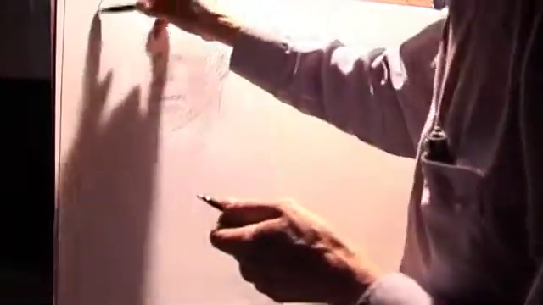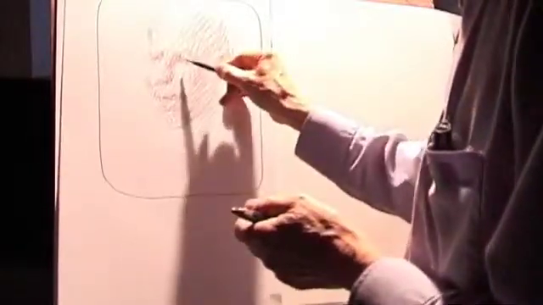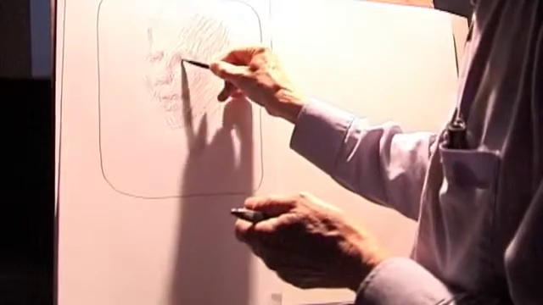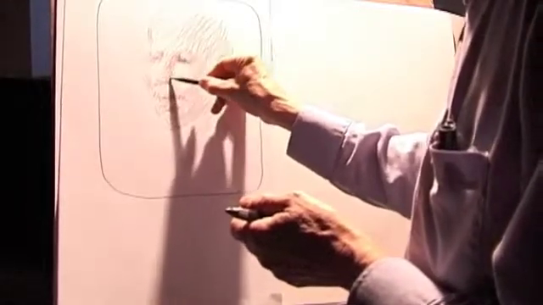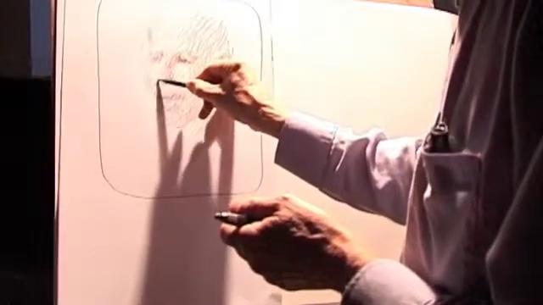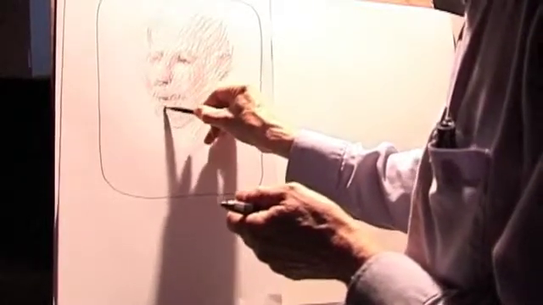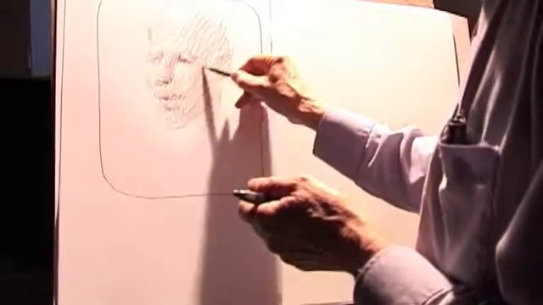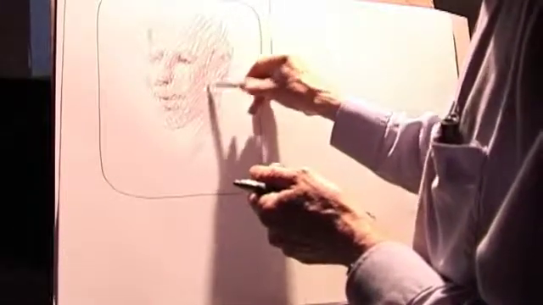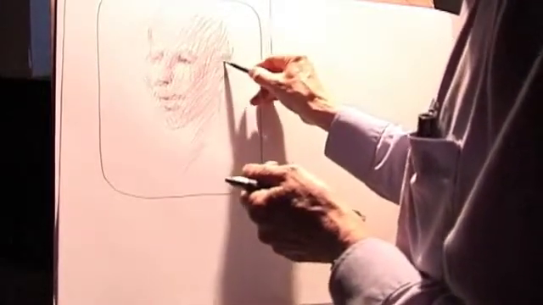And I can get tighter and tighter and more accurate if I wish to, hopefully convincing you more and more that I've had a real experience of that particular head, not a generic head, but becoming close to being a portrait.